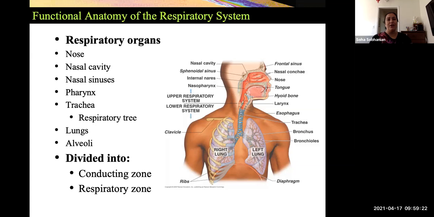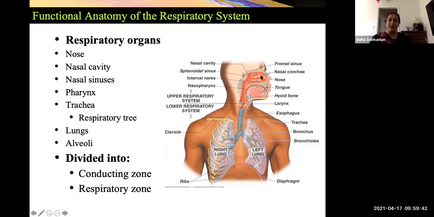You might have heard of another vocabulary if you're looking at medical conditions associated with the system, called upper respiratory versus lower respiratory system. So upper respiratory system is basically anything that's associated with your larynx and above.